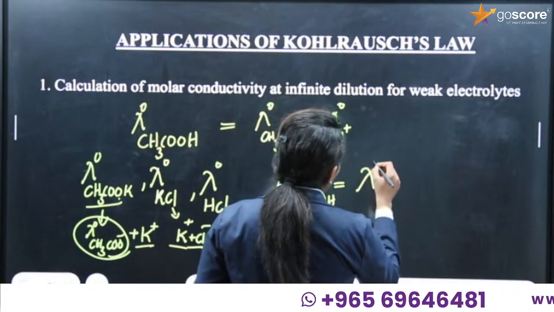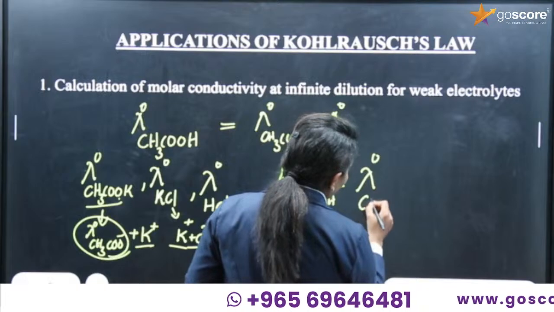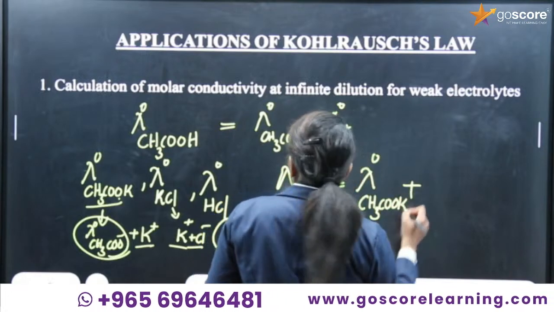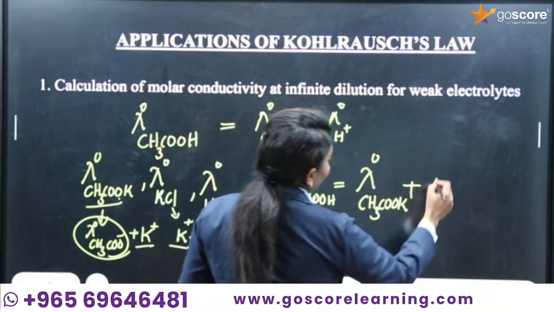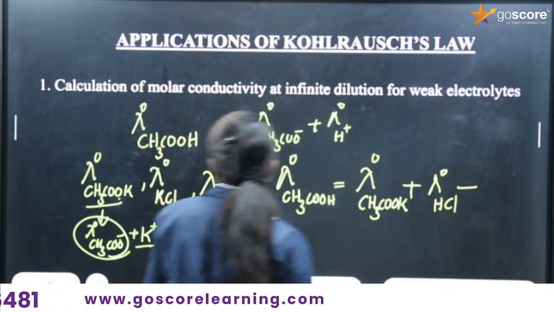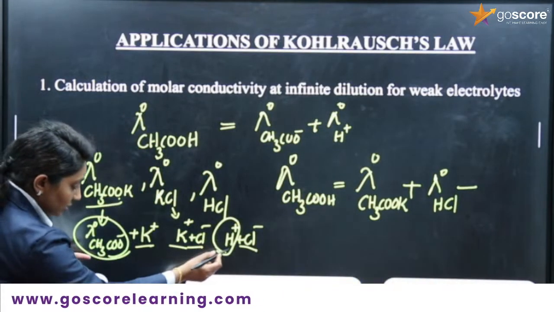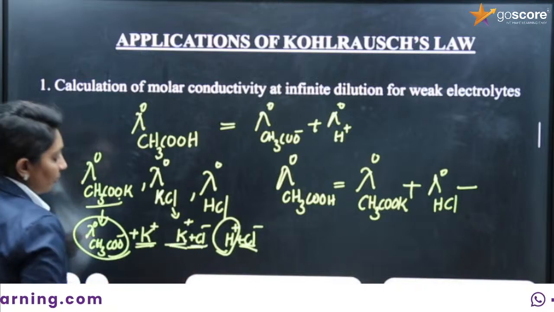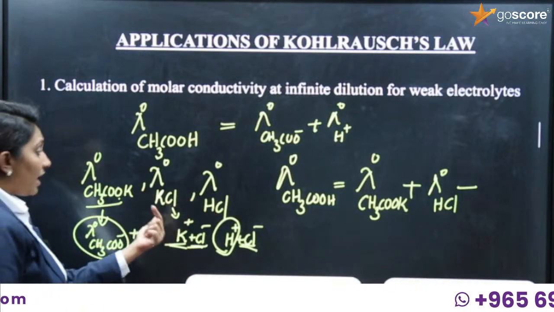This is equal to the limiting molar conductivity of CH3COOK plus the limiting molar conductivity of HCl, so yeah, added these 2, right? And we know we do not need this Cl and potassium, so we have to subtract that.